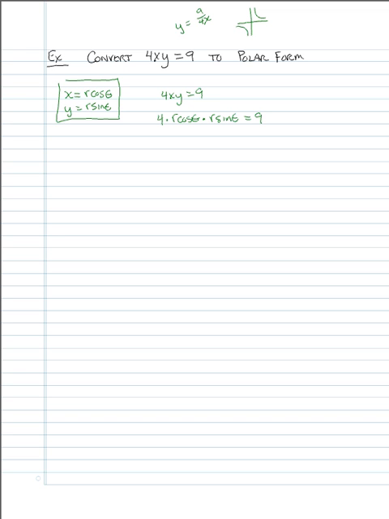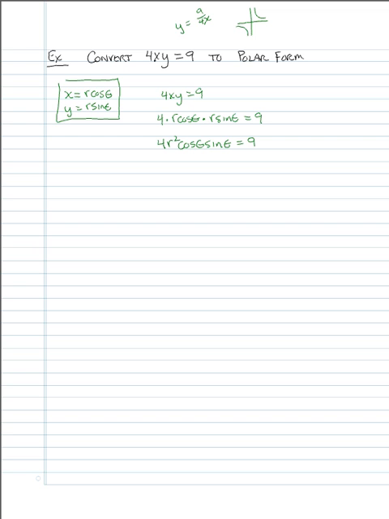And then, of course, what we see that we've got there is really 4r squared times cosine theta times sine of theta is equal to 9. And that is certainly an expression that we could leave. We could simplify this a bit further.